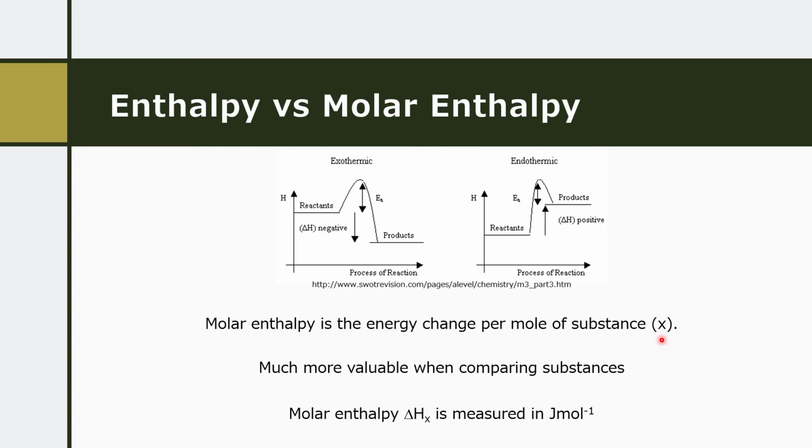So for example, if I was burning ethanol, I could write delta H and in the subscript write the formula for ethanol or write down ethanol. If we're combusting ethanol and finding the enthalpy of combustion for ethanol, we could also write down delta H for combustion or something like that. And molar enthalpy is measured in joules per mole.